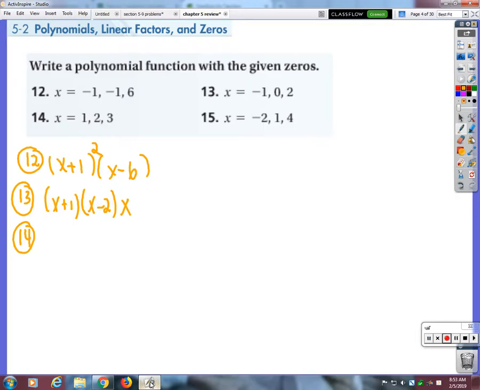Okay, Anthony, how about if I have zeros 1, 2, and 3? X minus 1 for the first one, x minus 2 for the second one, and x minus 3 for the third one. Nice. So you're just subtracting those numbers. That's it.